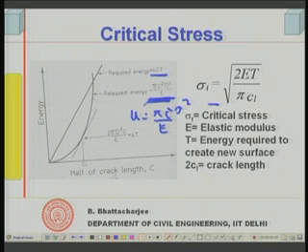You can see this is the curve showing the strain energy release, and this is the required energy, and the rate is constant here because it will be 4CT.